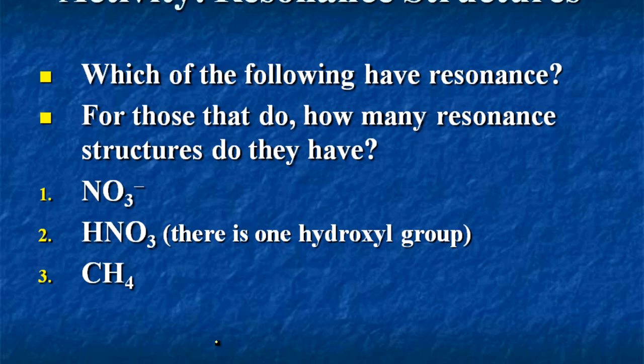Start with NO3. NO3 has how many electrons? 6 times 3, 18, plus 5, 23, plus 1 for the negative charge. So we have a total of 24, and you have done this molecule in lab. Remember, you could come up with how many structures?